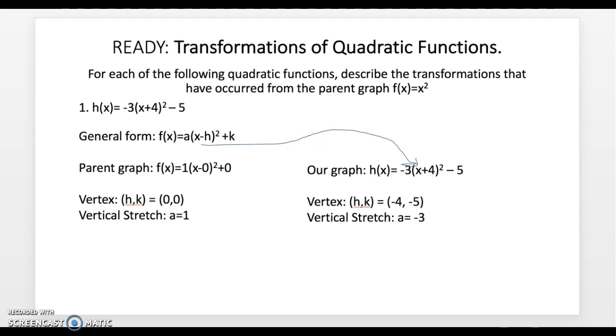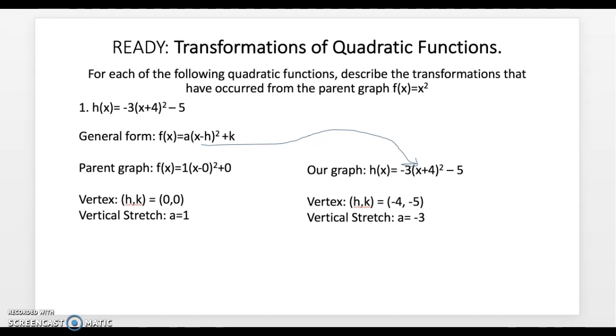So we want to think about how it changes from that. And so then our new graph, the h is going to be negative 4, and this arrow shows us that there's a negative in the general form, so we have to change the sign in this specific form. So it's plus 4 inside the parentheses, but becomes negative 4. And then the k is negative 5 because there's a positive in the general form, so the sign remains the same.